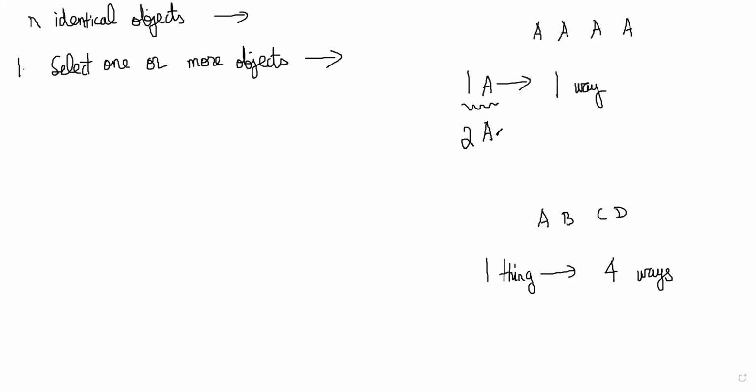If I have to choose two A's, how many ways are there? Two things out of these four A's. There'll still be one way, right? Why two ways? What are the different ways? Okay, all of them are the same.